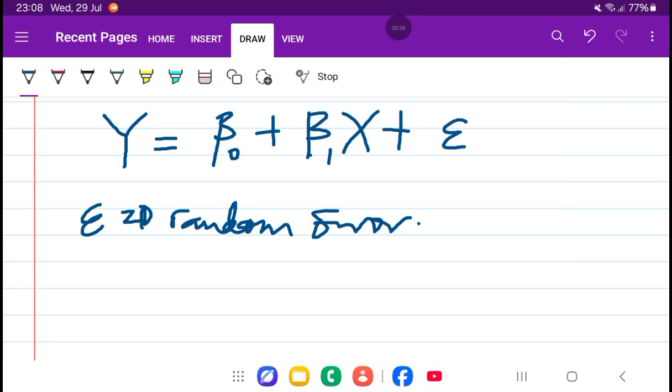So when you meet a textbook that has an equation like this, just know that the extra item they have added is just the error. You can call it a standard error, you can call it anything, but it is just an error.